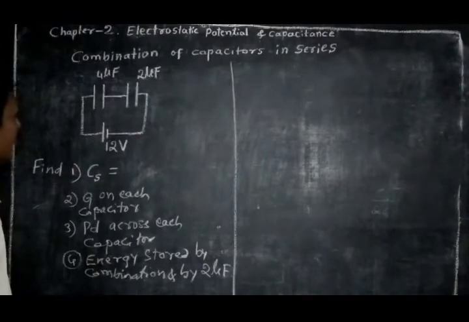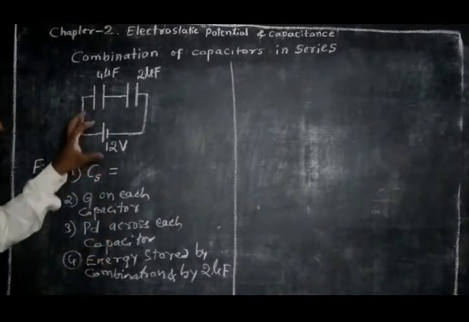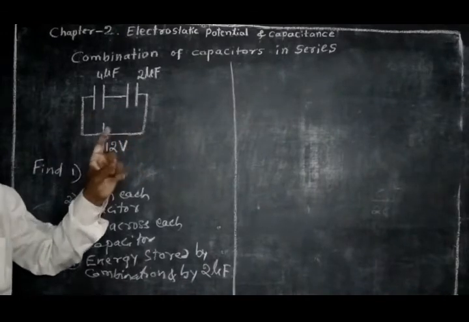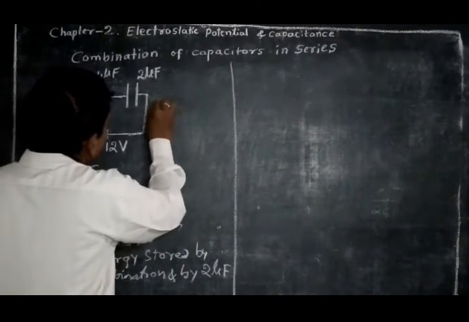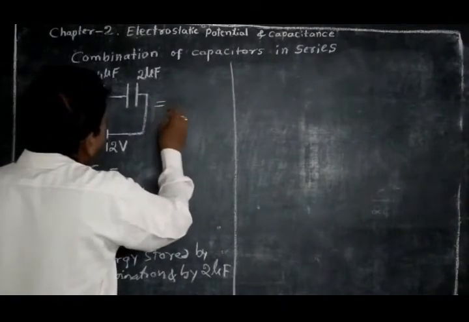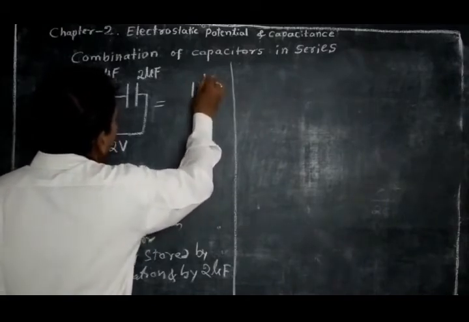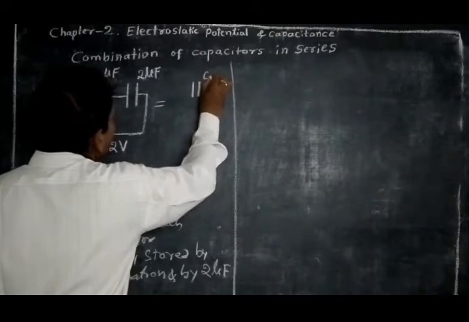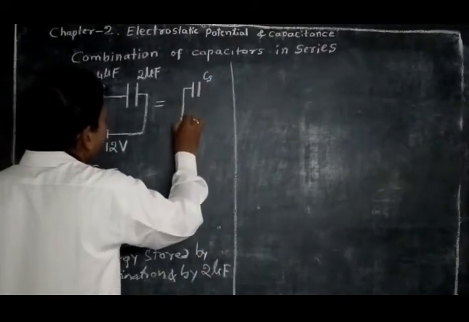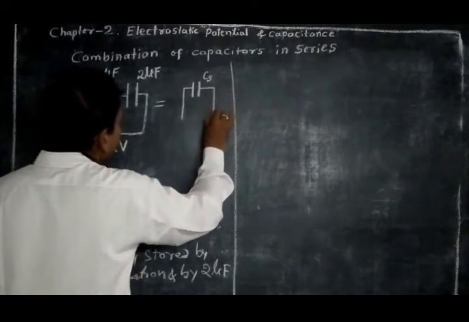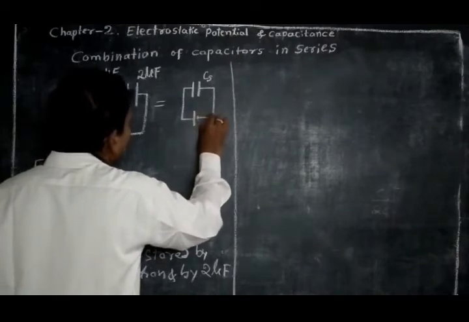Now, if the capacitors are connected in series, then their equivalent capacitance is given by a single capacitor. Therefore, this circuit can be reduced to a single capacitor of capacitance Cs, and it is connected across the same potential difference, 12 volt.